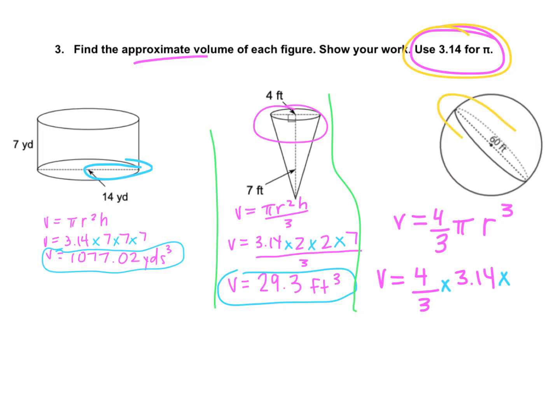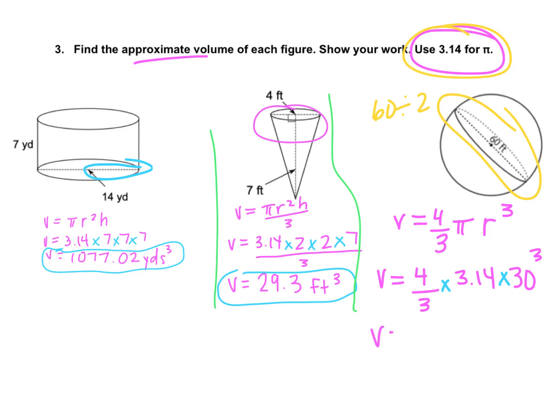Now they did it again. They gave us the diameter. So remember to cut that in half. So 60 divided by 2 to get the radius. Our radius will be 30. And we need 3 of those, 30 times 30 times 30.